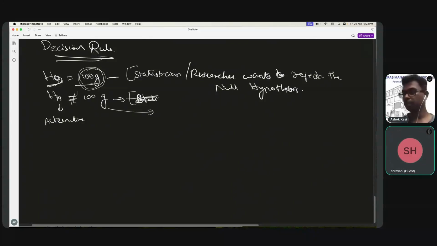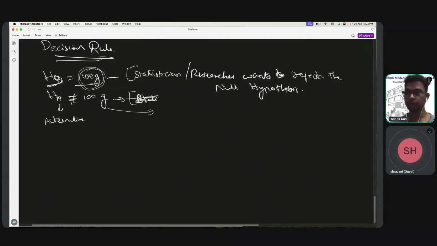Will you consider that as equal to 100 gram? No, it's not equal to 100 gram.